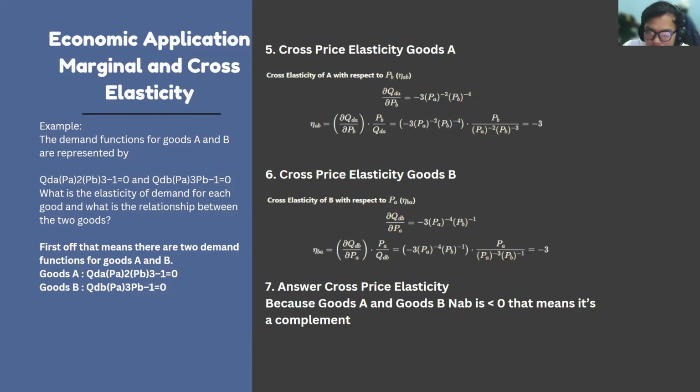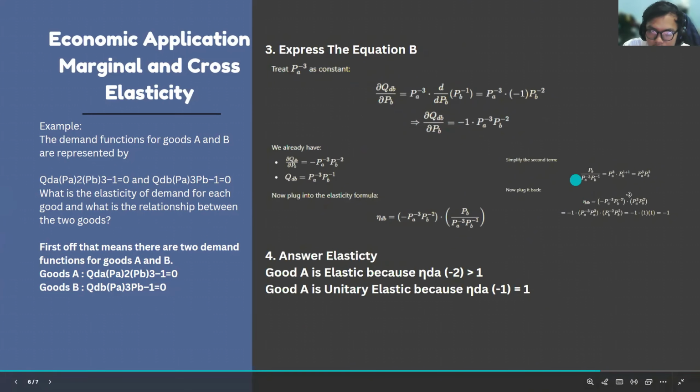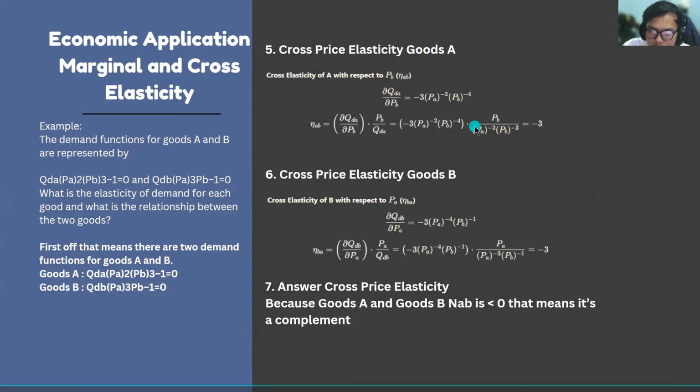How to do it is just like how we used to do it previously. This is a simple one. All we have to do is remove the same number, and we get minus 3.